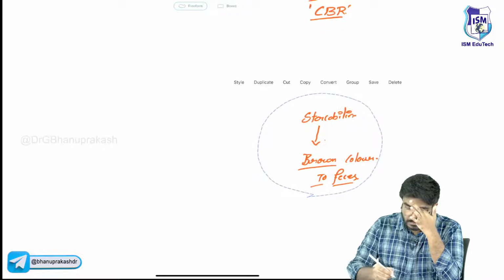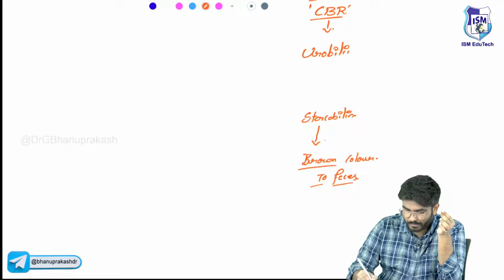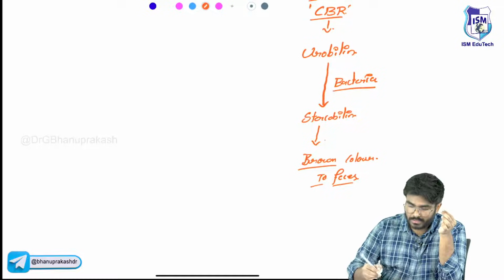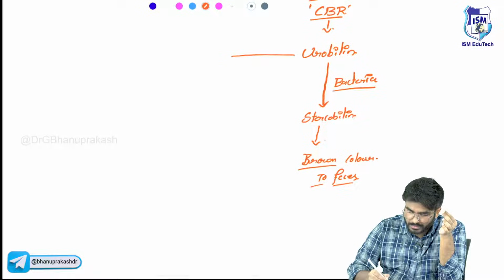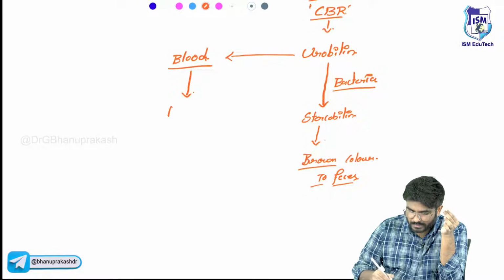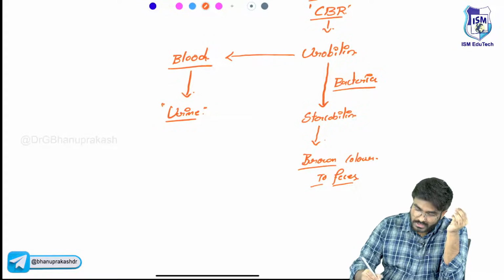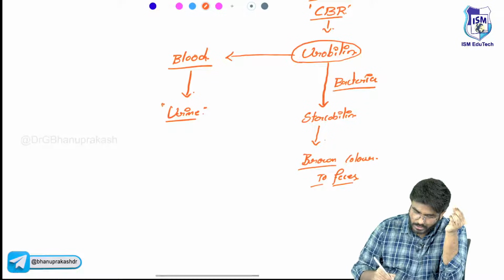The conjugated bilirubin is first converted into urobilin. This urobilin, with the help of bacteria, is converted into stercobilin. Some amount of urobilin is reabsorbed back into the blood. From the blood, this urobilin is filtered in the kidneys and excreted into the urine. So this urobilin is the one which gives the yellow color to the urine.